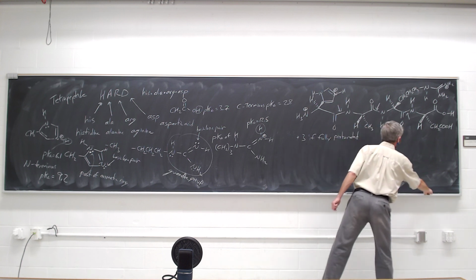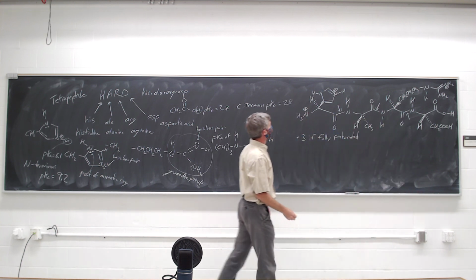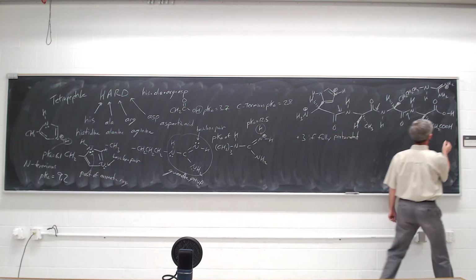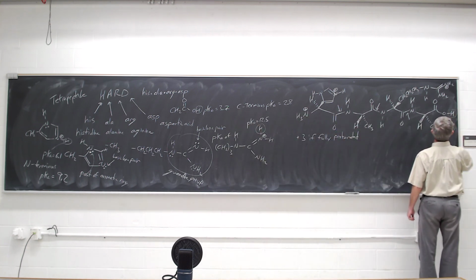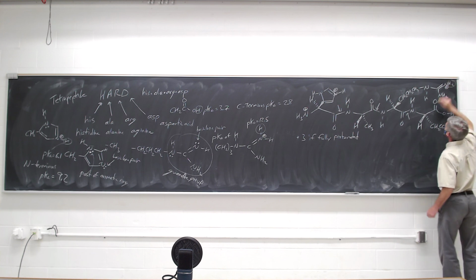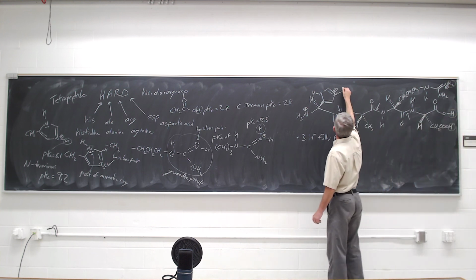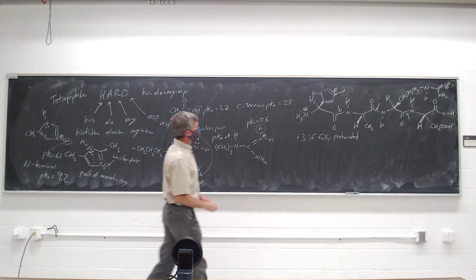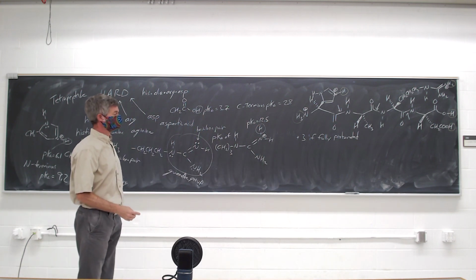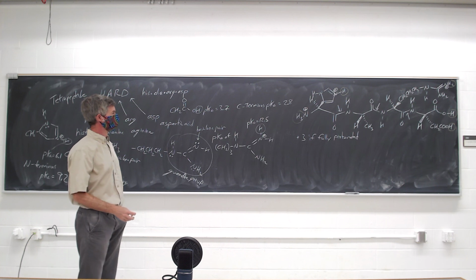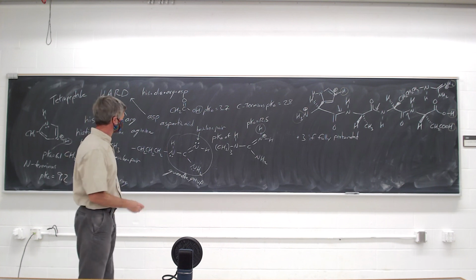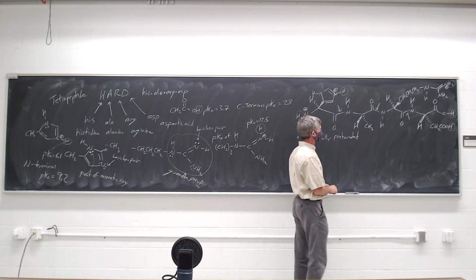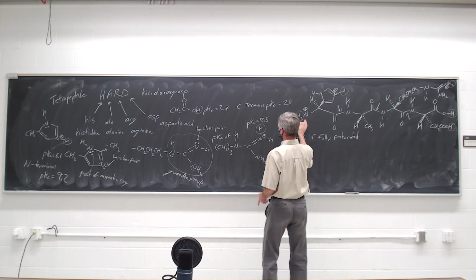How many hydrogens can we take off if we take them all off? Carboxylic acids, one of those, that guy, one of these. So how many pKa values are there that I need to worry about? And I can write them next to them right now that I have them all.